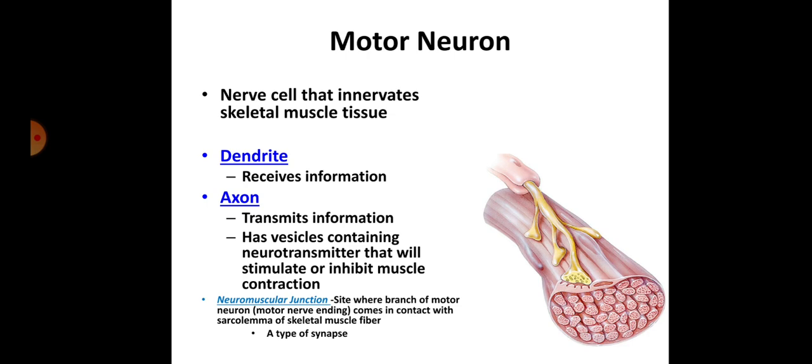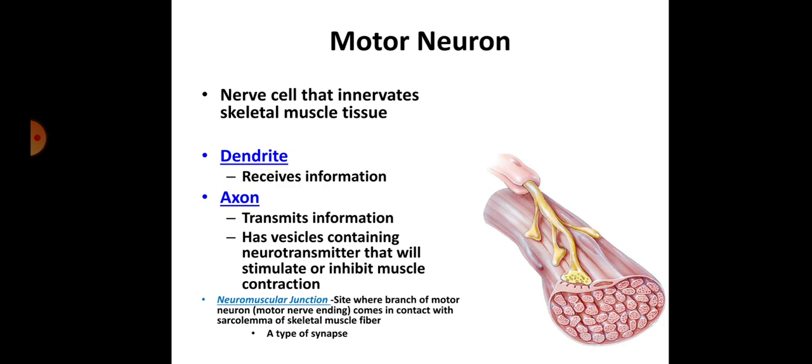Here, in order to understand the contraction of the skeletal muscle, we have to study the motor neuron. A motor neuron is actually a nerve cell that innervates the skeletal muscle tissue, as shown in this figure. The yellow colored structure shows the motor neuron on the skeletal muscle bundle.